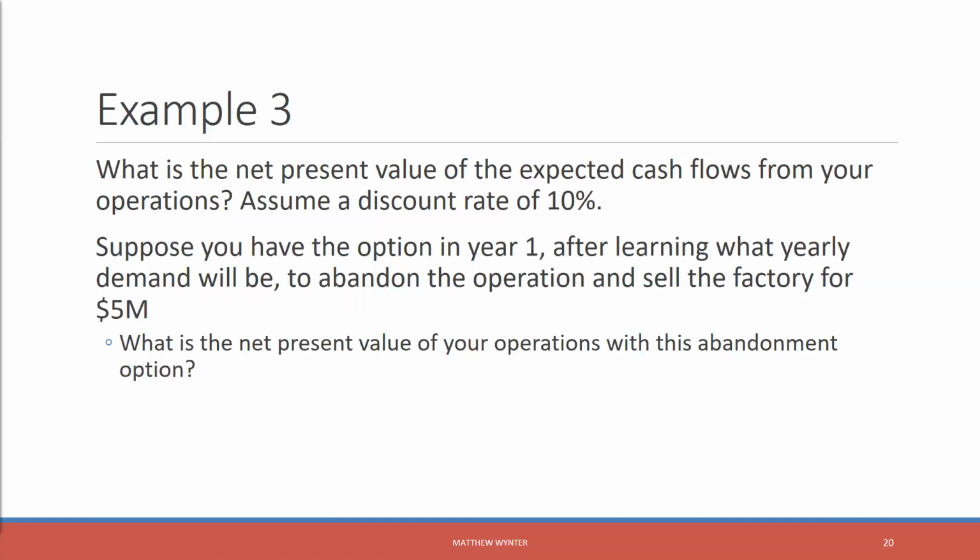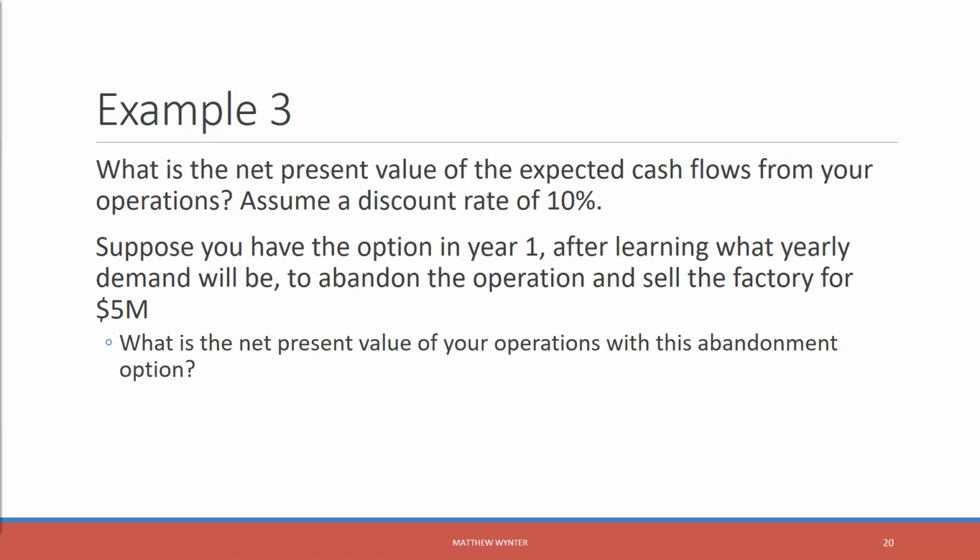So in the example of the low state of the world, that's 200 minus 180 multiplied by our 50,000. And then you have to account for that 1.5 million fixed costs. So we'll do that same calculation across all the states of the world to find the net present value given a discount rate of 10% of this expected hockey stick problem.